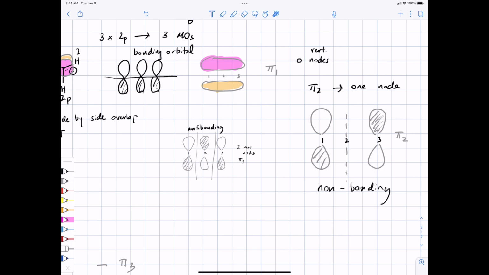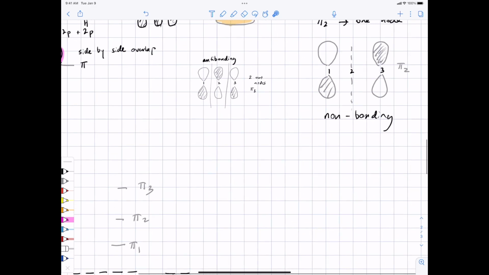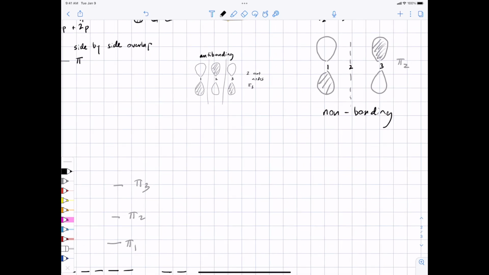I'm just curious what happened to the orbital on the pi2. What happens to the orbital here? Yeah, on pi2. You can think of it like this if you want. Why is there a node? First of all, that is the molecular orbital. The math tells you that the molecular orbital just isn't there. There happens to be a node coinciding with it.